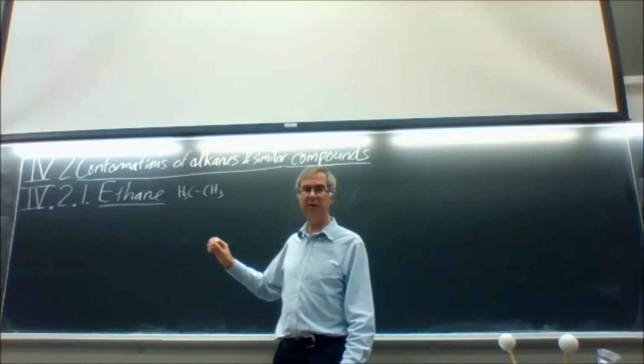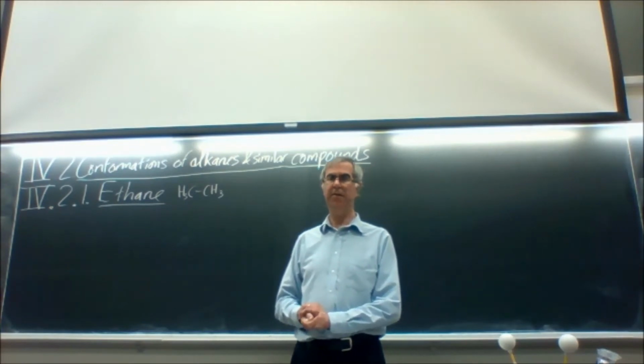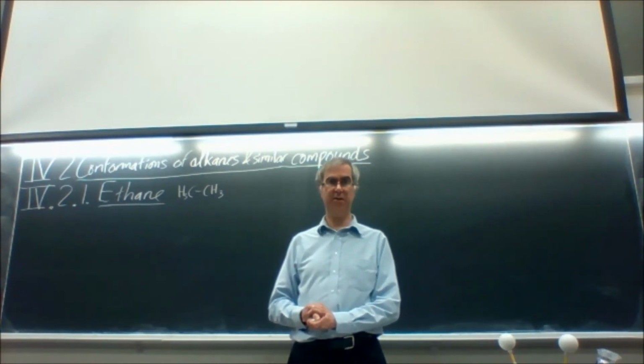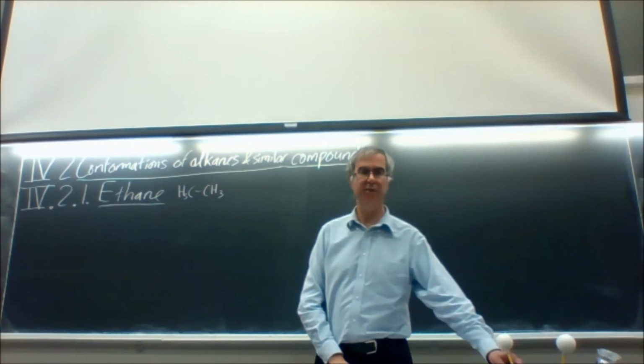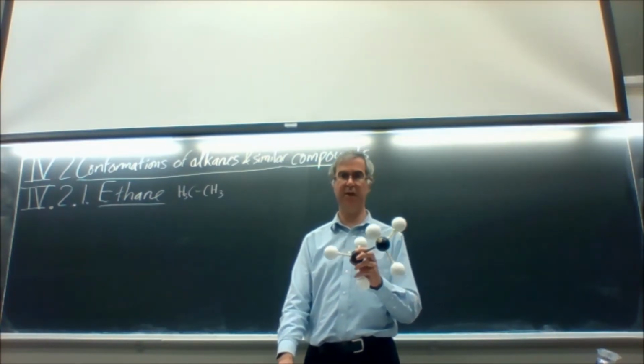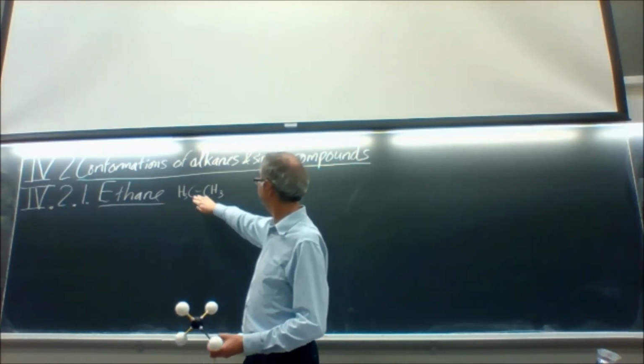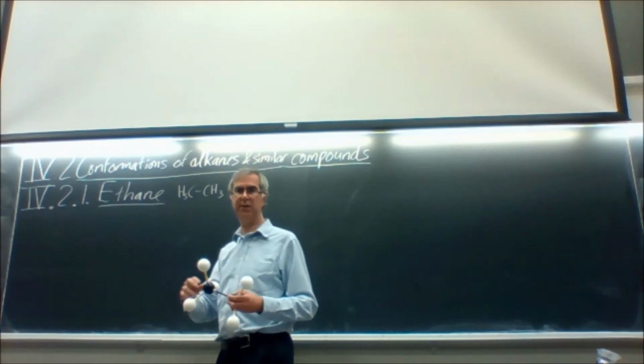So imagine we have ethane, the simplest alkane that has a carbon-carbon bond, and I've got a molecule here that's supposed to represent ethane, and it's just two methyl groups joined together, really.